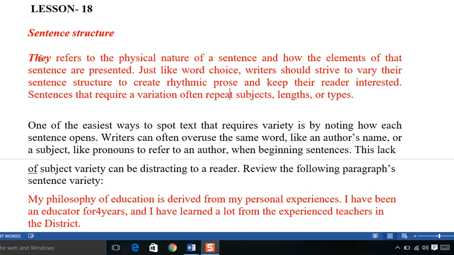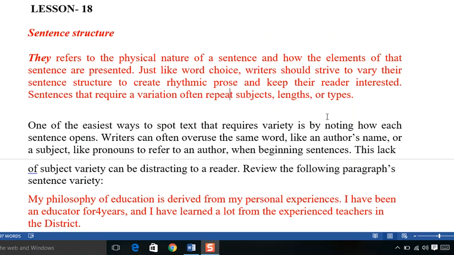Let's read. Sentence structure refers to the physical nature of sentences and how the elements of those sentences are presented. Just like word choice, writers should strive to vary their sentence structures to create rhythmic prose and keep their readers interested. Sentences that require variation often repeat subjects, lengths, or types.